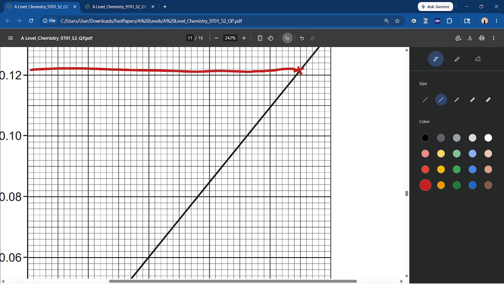Not good enough. And then this goes down all the way to 9. Oh wait, there's a trick. No, there's no trick. Always use the scale, kids. So this just goes all the way down to 9.